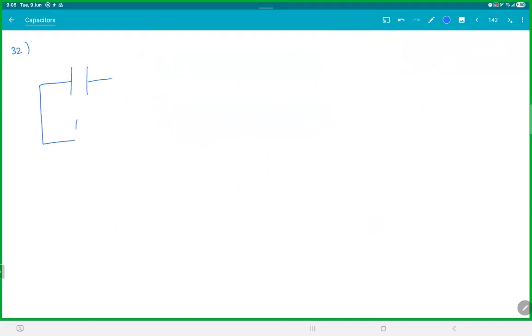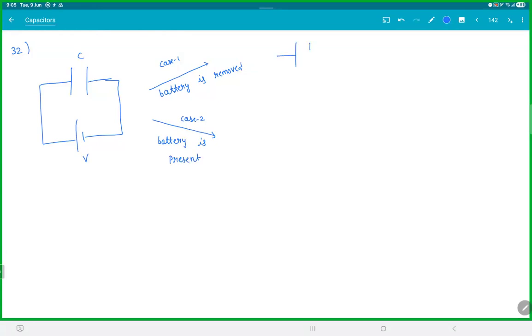We have a capacitor with a battery. We did something like this before. Case one, the battery is removed. Case two, the battery is present. So you removed the battery, you kept the battery.